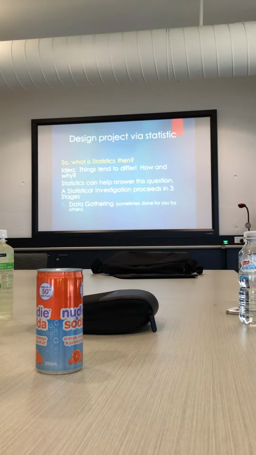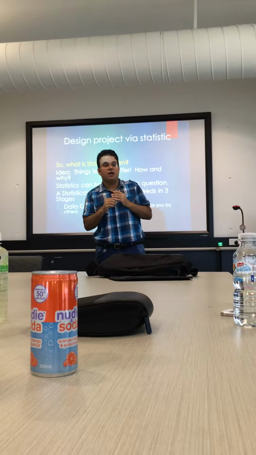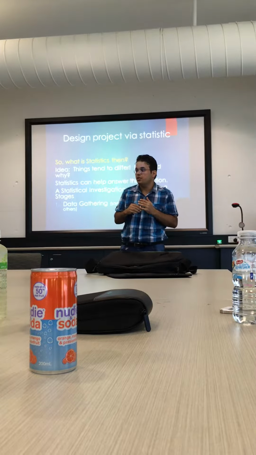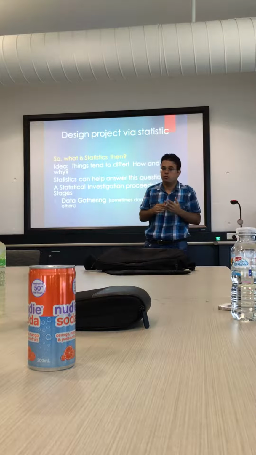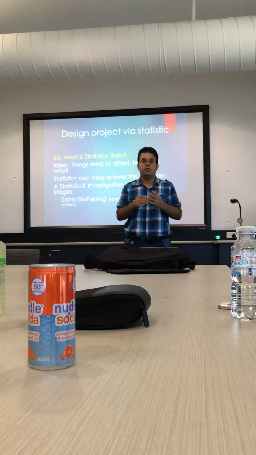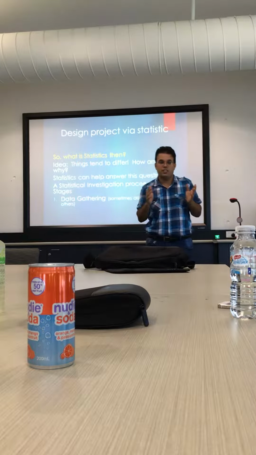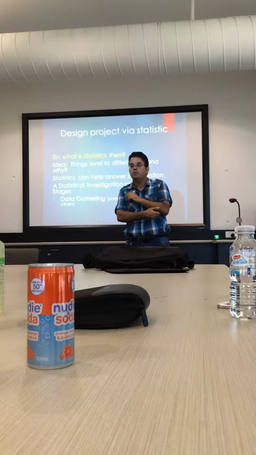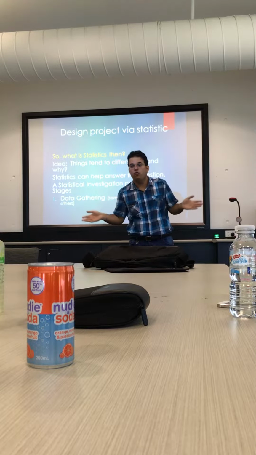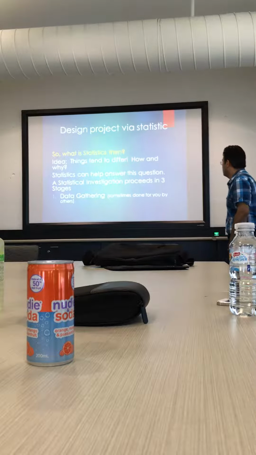You can get the data from formal resources. You can take it by yourself, go to a hospital or a shop, whatever you are interested in, and collect the data. This is called observational data. You can collect it online, and you can collect it by survey. There are many types of data collection.